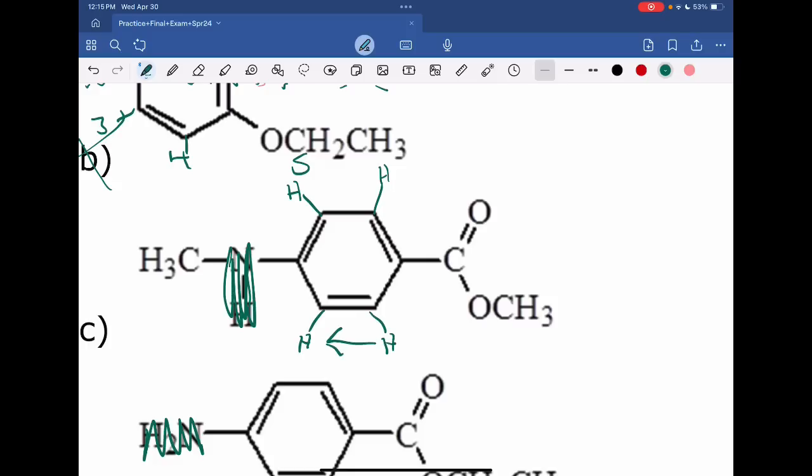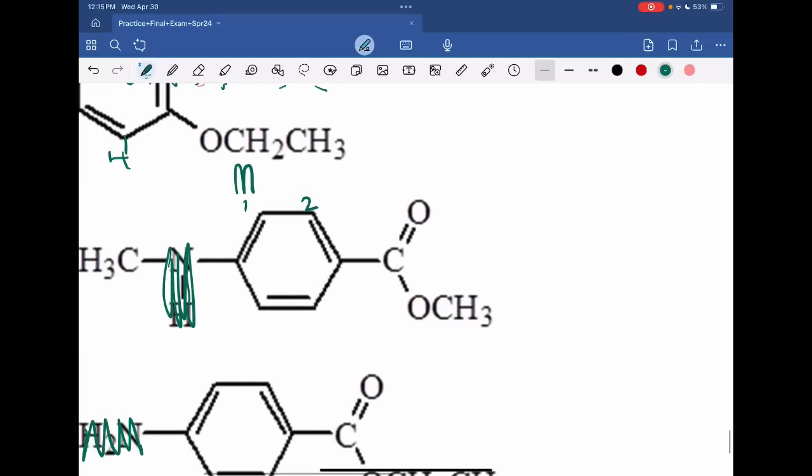This H splits this H, and this H splits this H. So we should be seeing, due to H number 1, a peak that is split once. It should look like this. And same for H number 2. This is going to be split once because of this H. It's 1, 2, 3 bonds away, so it splits it.